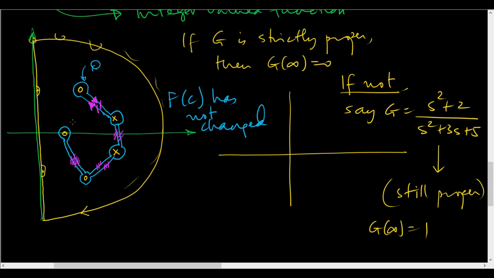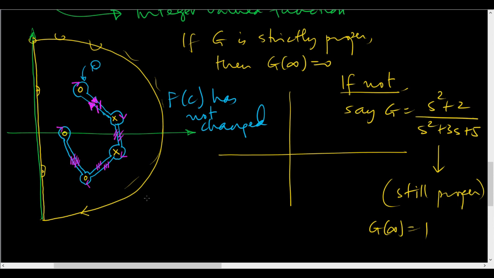And then if you follow the clockwise convention, you will see there is a circle over here clockwise, another circle here clockwise, another circle here clockwise, another circle here clockwise, and another circle here clockwise.